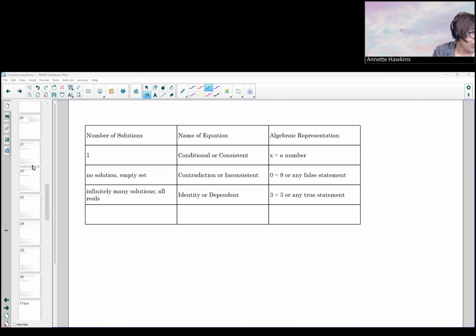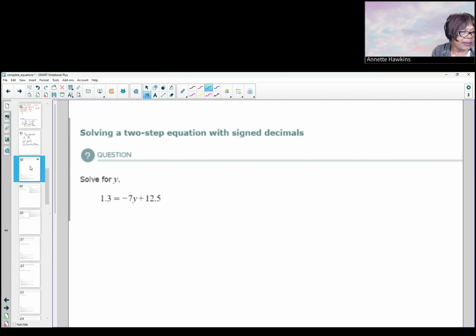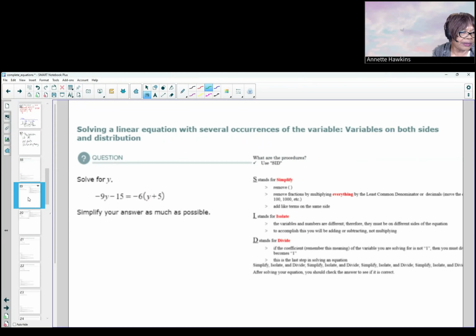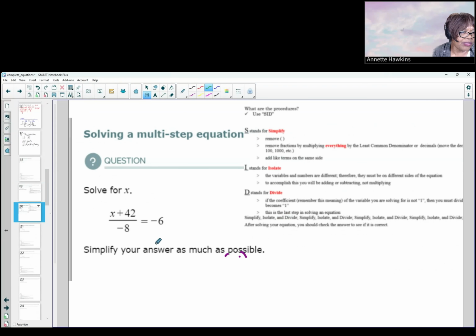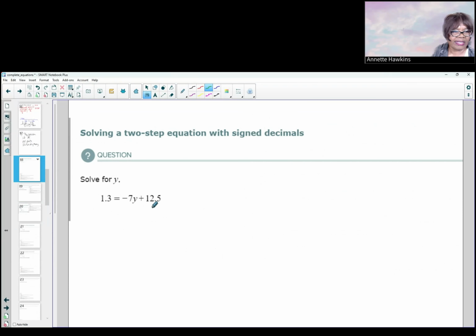All right, let's look at an equation in which we have a fraction and a decimal. So let's look at this decimal first. This is a real simple one.